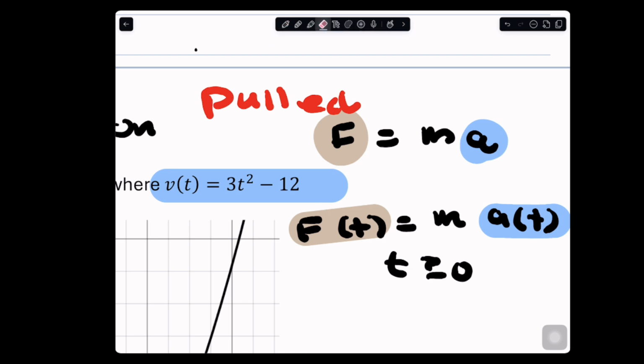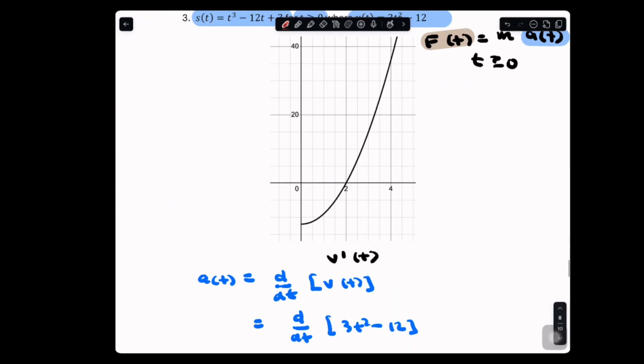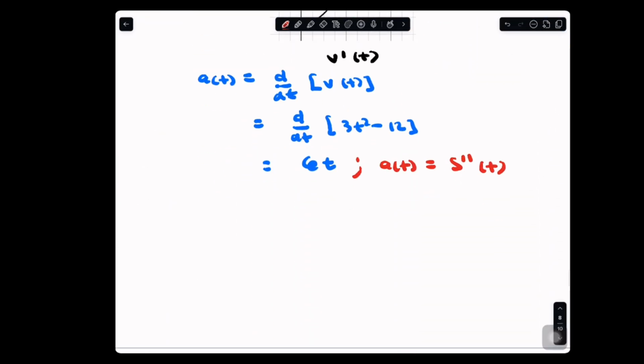Okay, so we want to investigate all those ideas. That's going to be related to things we talk about and also stuff that's on your test. But to make a long story short, this is really an exercise on sign analysis on your acceleration function.